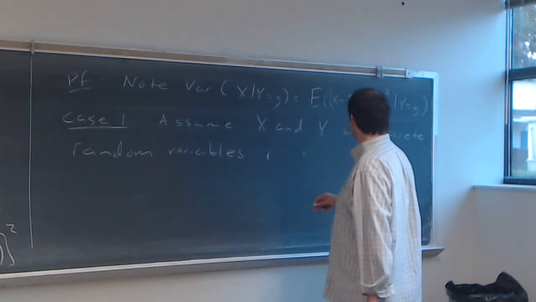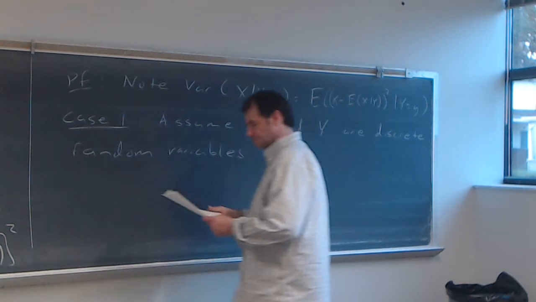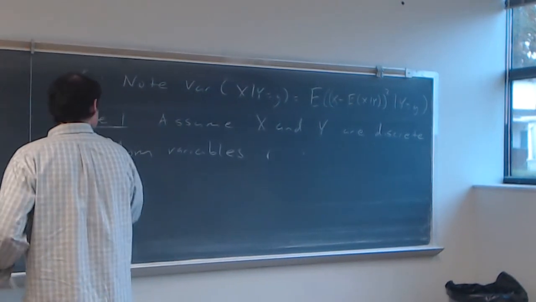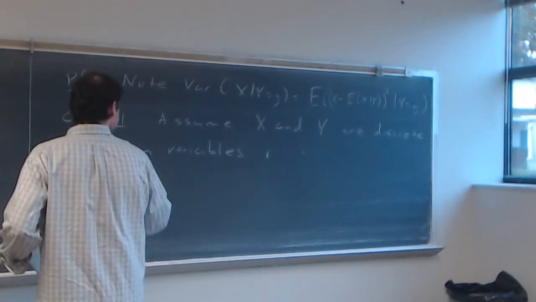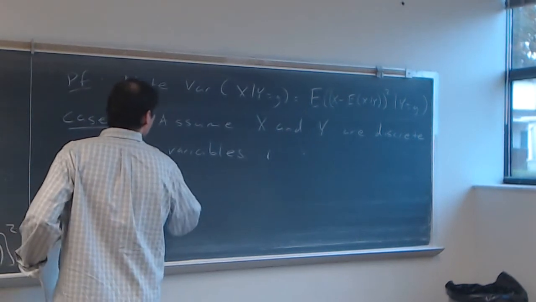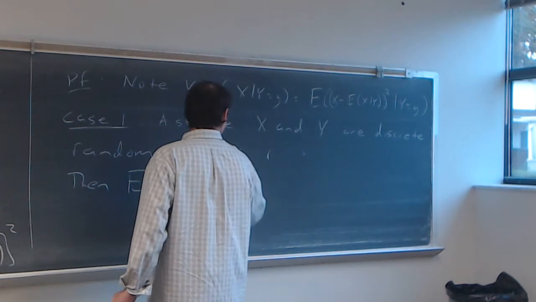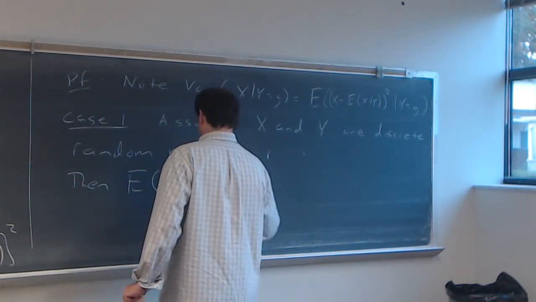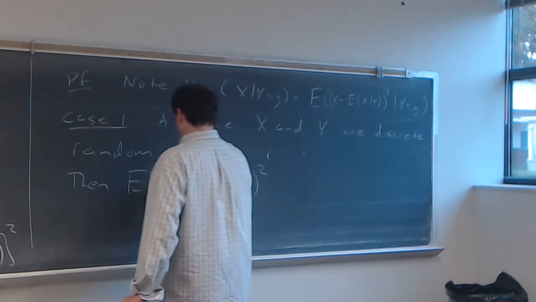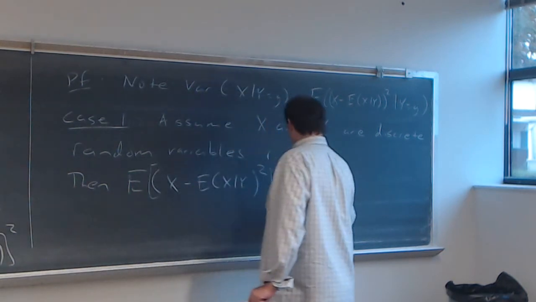Now we'll start off with this. Then the expected value of x minus the expected value of x given y, squared, given y equal to y.